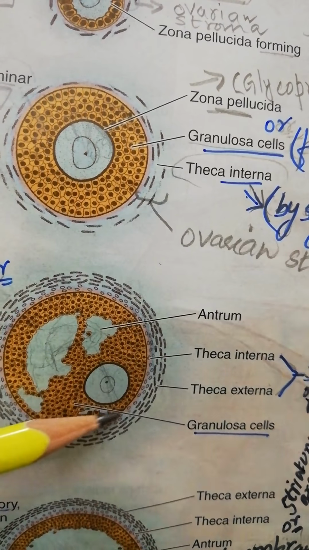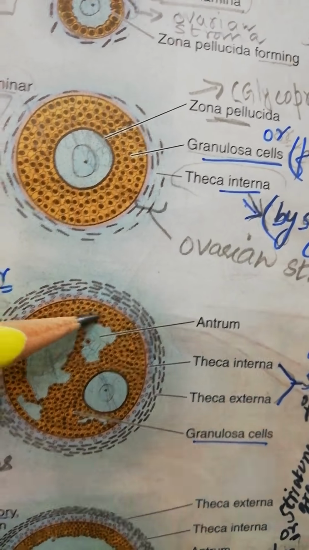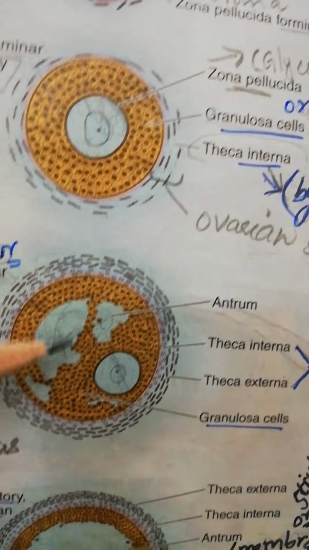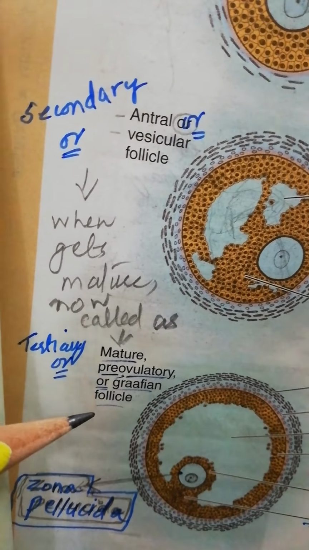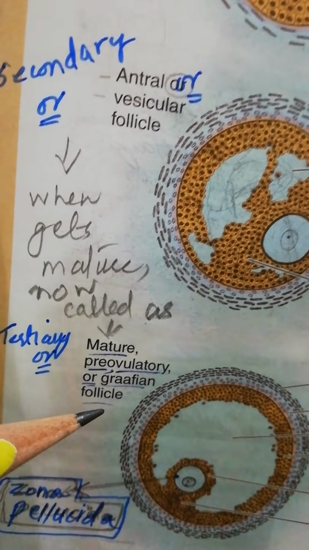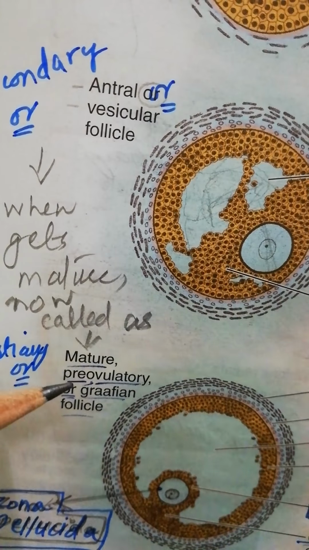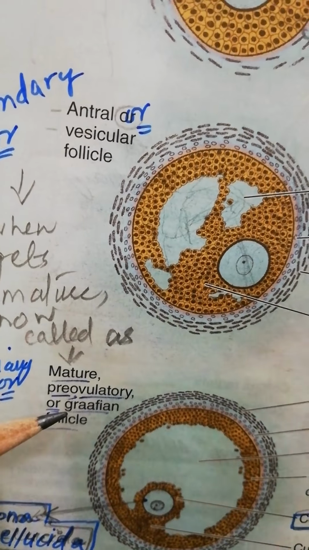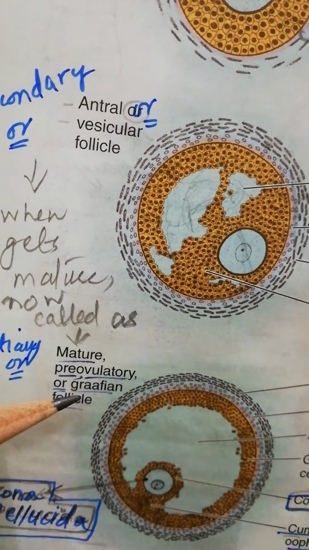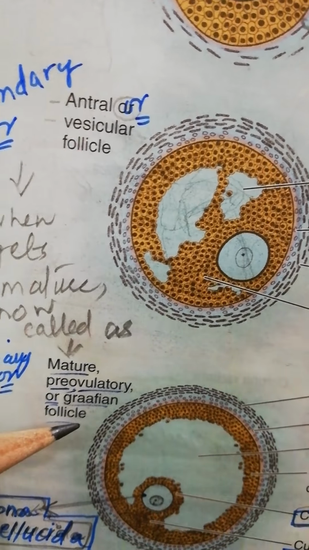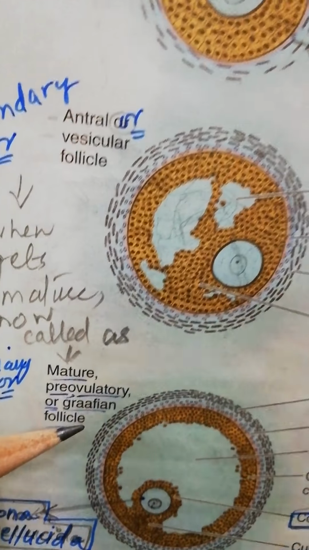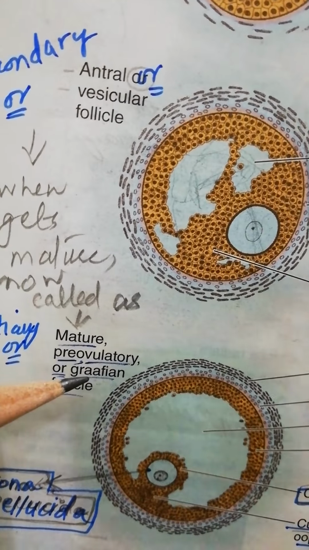These granulosa or follicular cells also arrange themselves in a sense that now you consider it a tertiary and mature follicle. It is also called pre-ovulatory because it has not yet passed through the stage of ovulation. We see it as a Graafian follicle, the name given after the scientist Graaf.